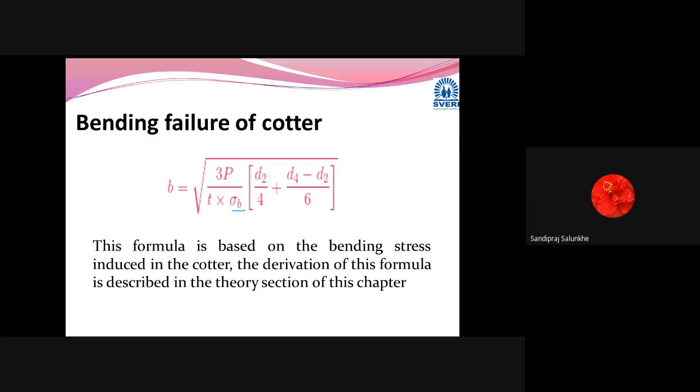Now here we are going to consider these bending stresses, and we are going to use the formula M by I is equal to sigma by y is equal to E by R, because we know that in the case of a simply supported beam, if you are going to calculate sigma b, that sigma b is calculated by means of this formula: bending moment divided by the moment of inertia of that cross section is equal to E by R. R is the radius of curvature of that bending.